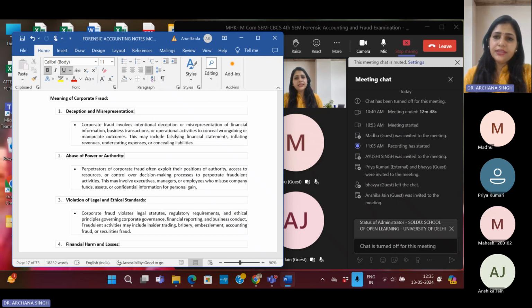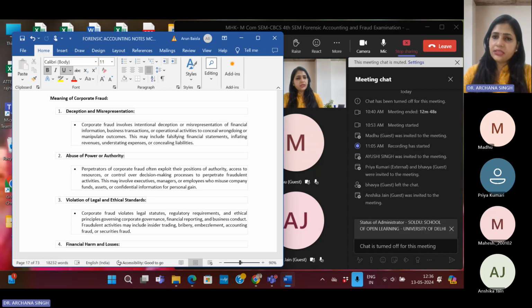It involves intentional deception or misrepresentation of financial information, business transactions, or operational activities to conceal the wrongdoing or ongoing activities or manipulate those outcomes. So it may include showing wrong statements related to financial statements or falsifying them, or changing the revenues by inflating the values, then understating the expenses and concealing the liabilities, hiding the liabilities.